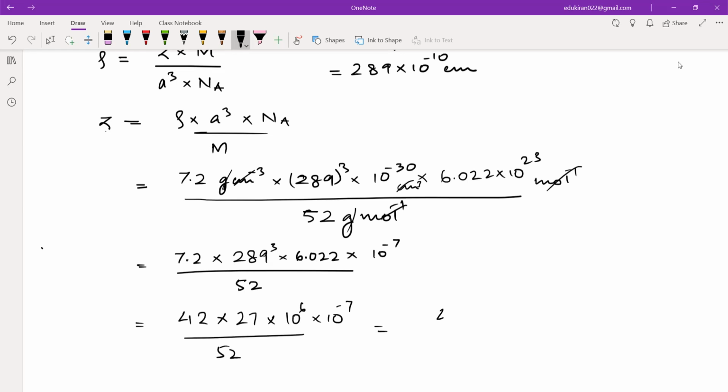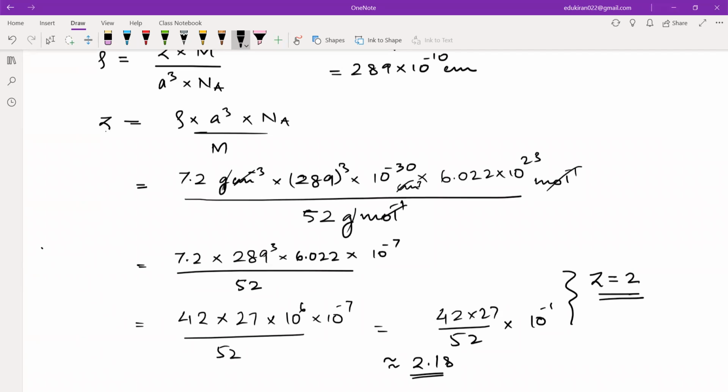So this will be approximately 42 into 27 divided by 52 into 10 to the power minus 1. I'm getting this as approximately 2.18 or something. So Z will be approximately 2 only. So we can approximate it as 2.